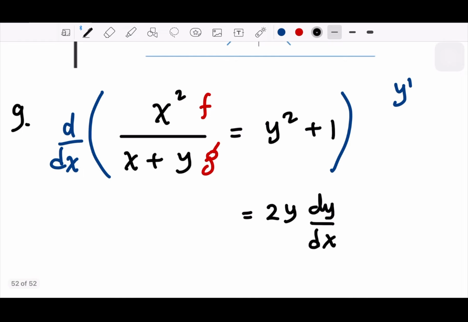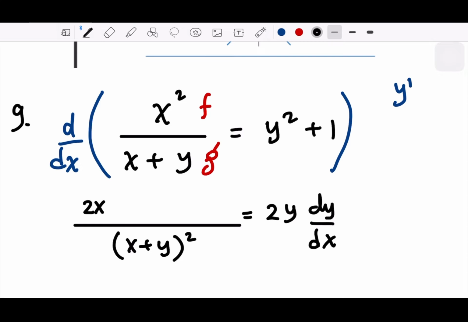So the quotient rule starts with, let me draw the line, and then we take the denominator with square, and then f prime g is 2x, maybe a little bit to the left, and then x plus y, and then minus x squared, and then 1 plus dy over dx.